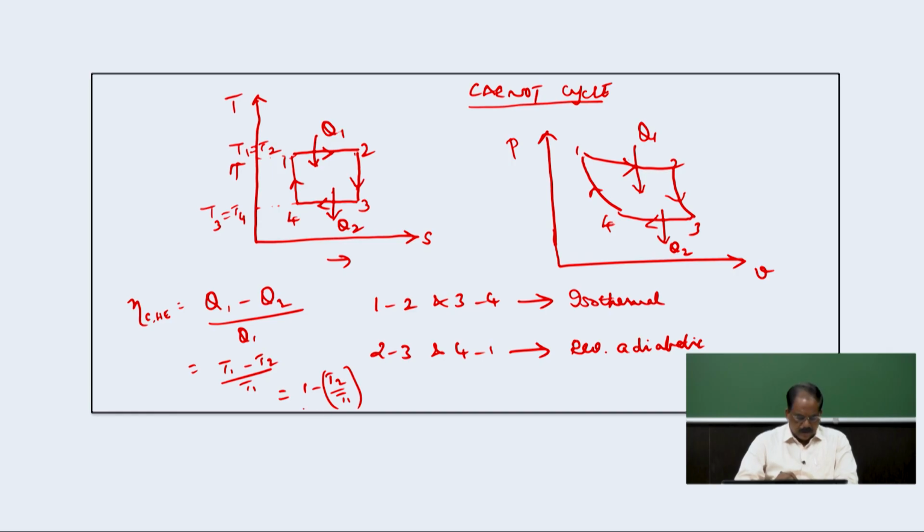If you see the efficiency term, it contains two temperature limits, T2 and T1. So the efficiency of a Carnot engine depends upon the temperature of the source as well as the temperature of the sink. Suppose T2 is not there, then that ratio becomes 0, and efficiency is equal to 1 minus 0, which is 1, or 100%.